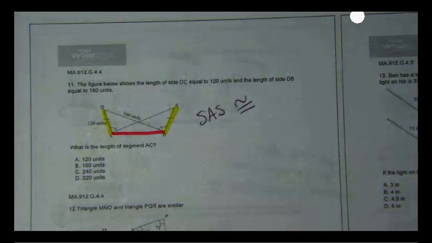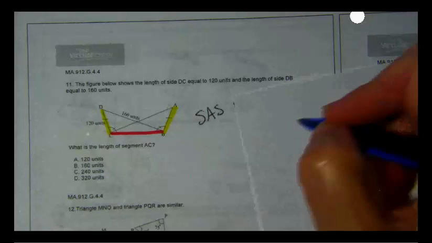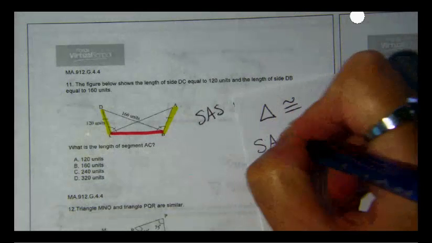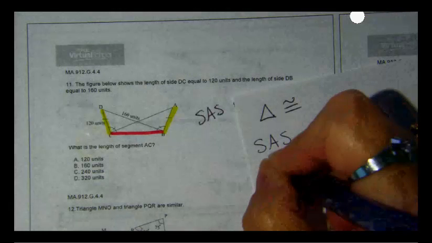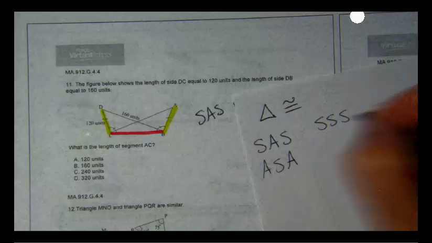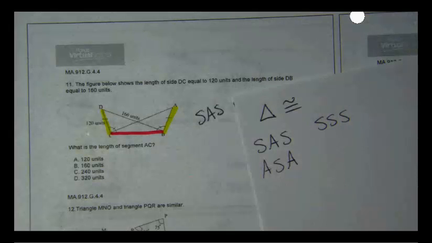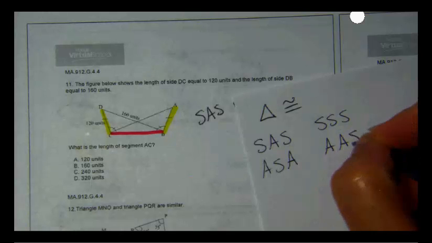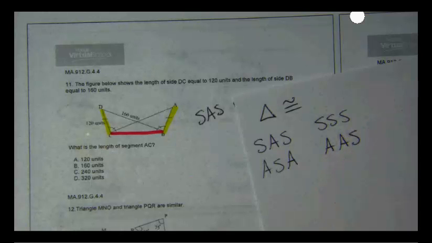So remember, for triangle congruence, we can have side, angle, side; angle, side, angle; side, side, side; and angle, angle, side. We cannot have angle, side, side.